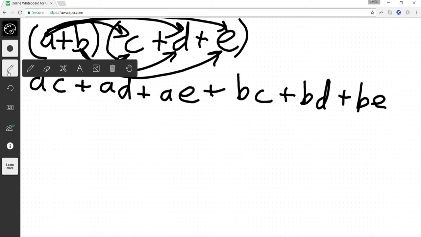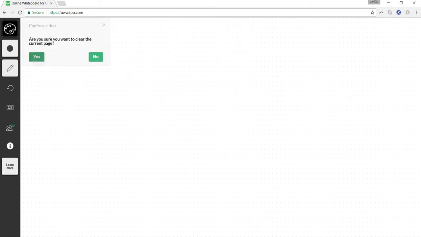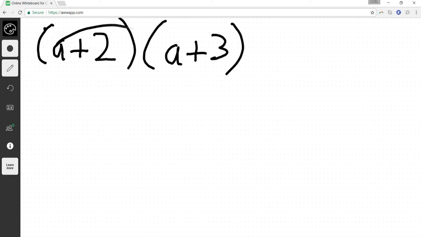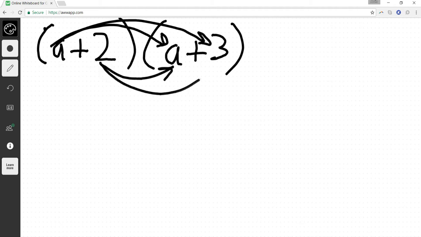Now I'm going to show you what it looks like when we have to think about things like combining like terms and when we have numbers and letters together. Here's a simple one. It's going to be (A plus 2) times (A plus 3). So I'm going to do basically the same thing. I do A times A, then A times 3, then 2 times A, and then 2 times 3. Here's what I get.